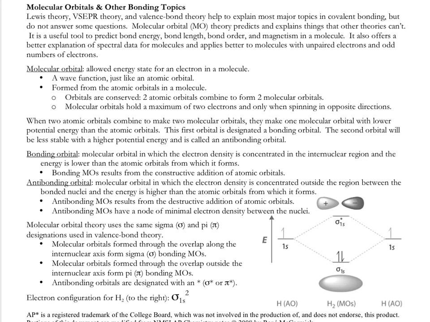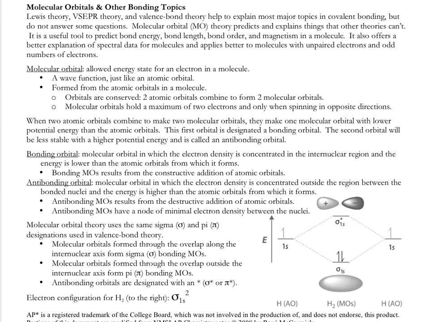So a bonding orbital is where those atomic orbitals are combined to form a place where the electron density is a maximum in the internuclear region. It is from constructive interference, or constructive combination, of these. So we're getting back to that idea of a wave function. Waves can interfere with one another constructively or destructively.